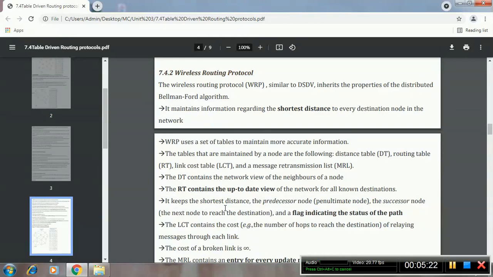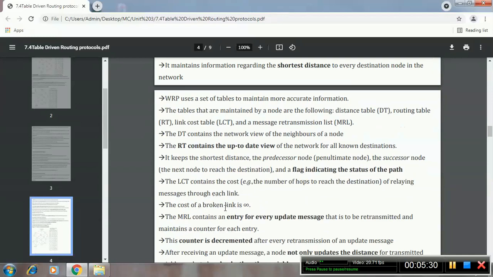The DT, distance table, contains the network view of the neighbors of a node. Whoever the neighbors of that particular node are, their view is explained in the distance table DT.